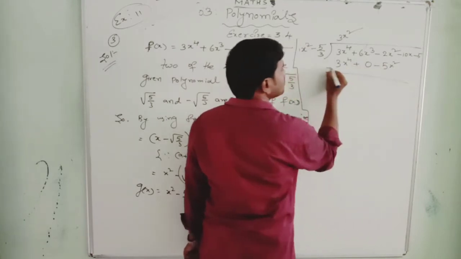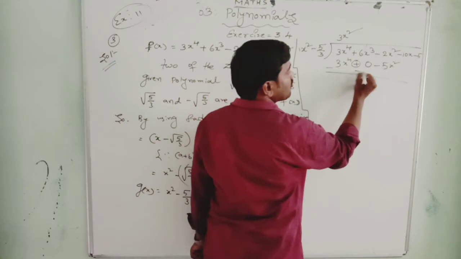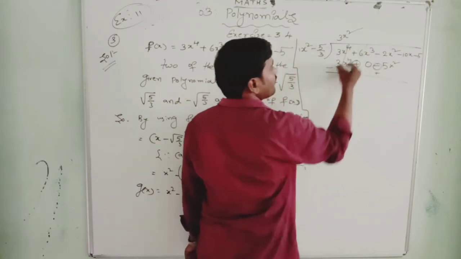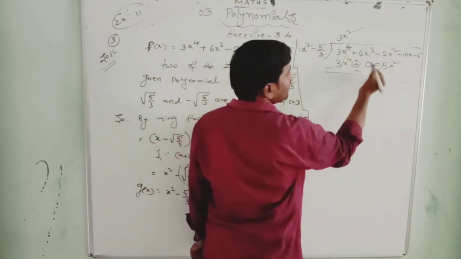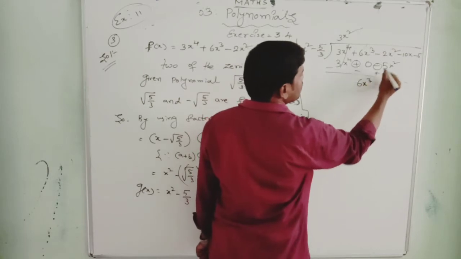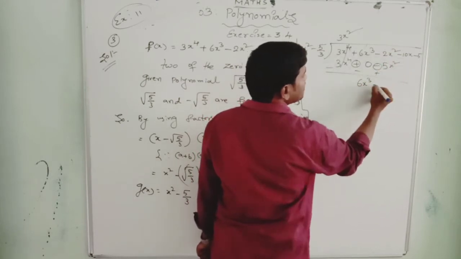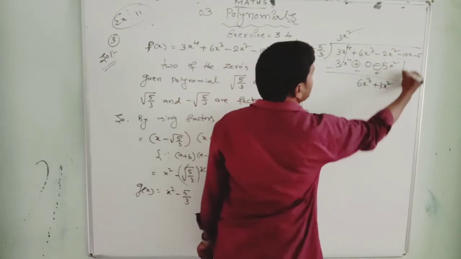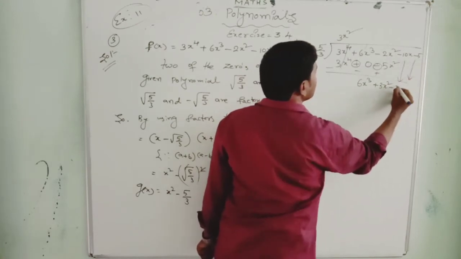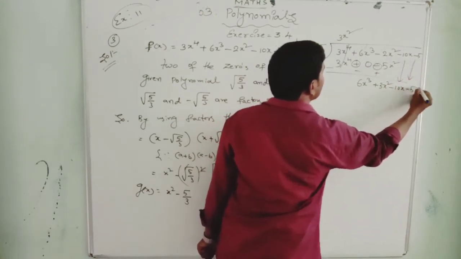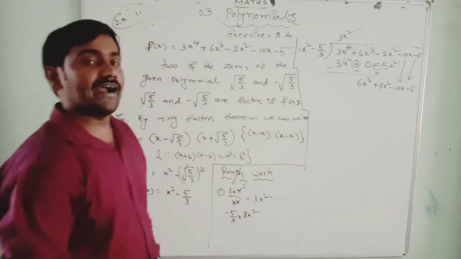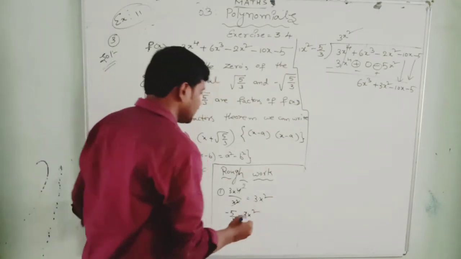Then this is minus and this is minus and this is plus. We'll cancel these both. Here 6 minus 0 is 6x cube. Here 5 minus 2 is 3x square, and we'll bring down this minus 10x minus 5.